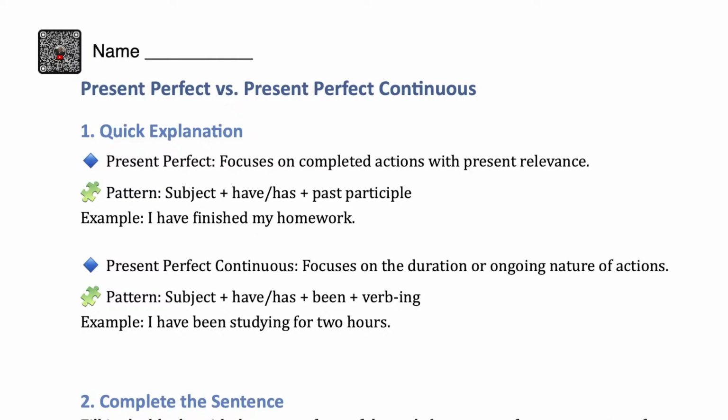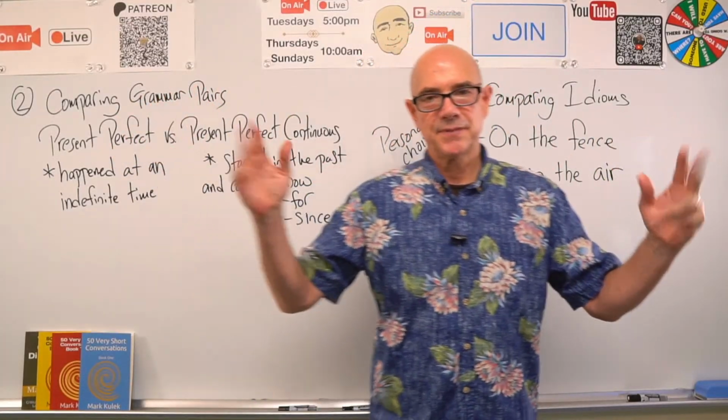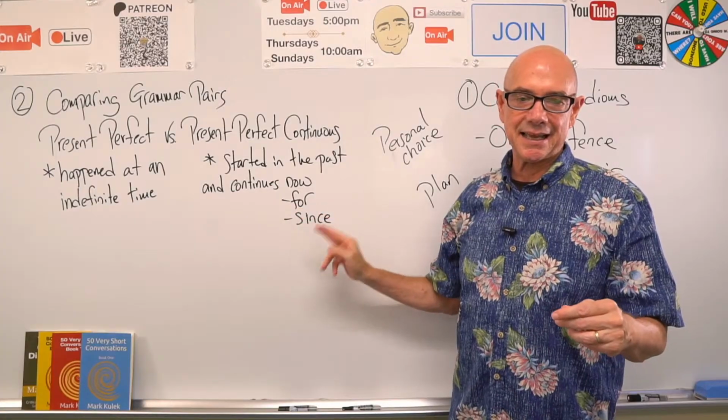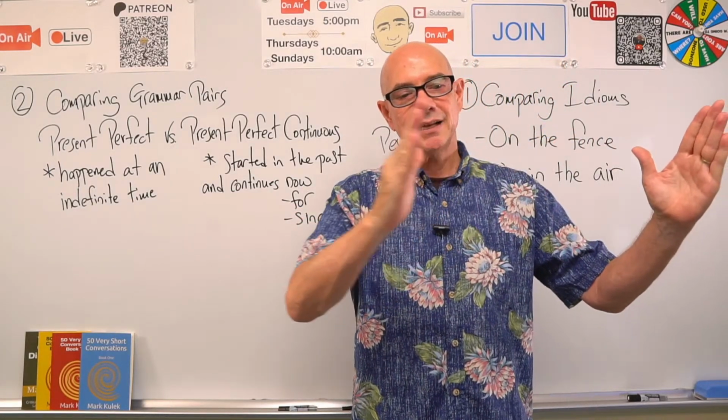Present perfect continuous focuses on duration or ongoing nature of actions. So focuses on duration or ongoing actions. Okay, duration of time, right? And so I have been living in Japan since 1996, right? Started in the past and continuing now.